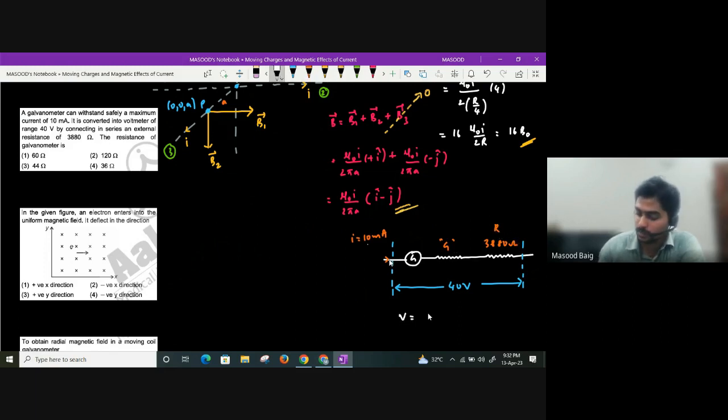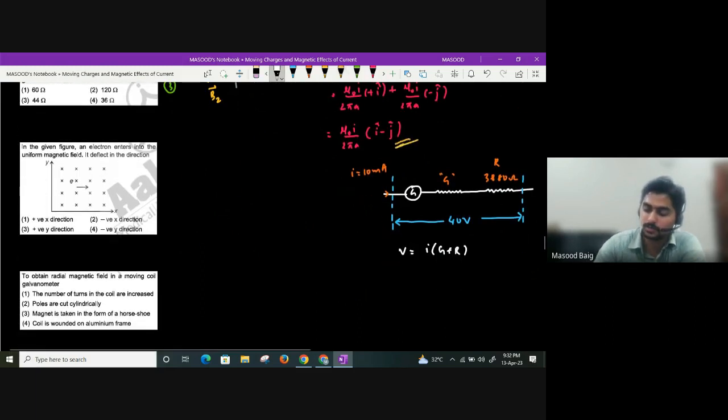So what we can write, beta? The voltage reading, I can write it as I into (G plus R). They are asking us to find the G value, beta. So what will the G value be? You can write it as V by I minus R. V is given as 40, sorry, the voltmeter reading is 40, minus 3880, divided by 10 milliampere, so I can write 10 into 10 power minus 3.